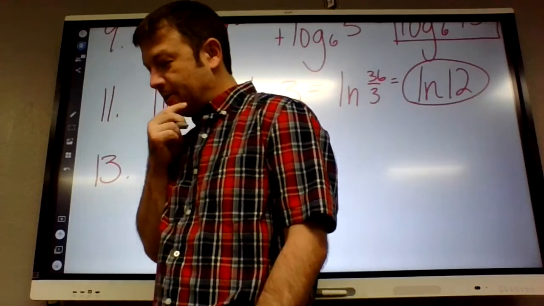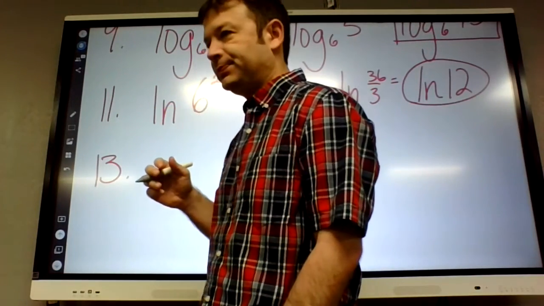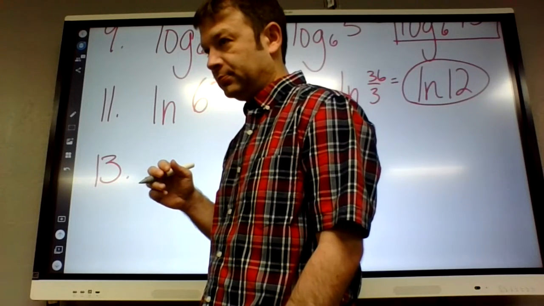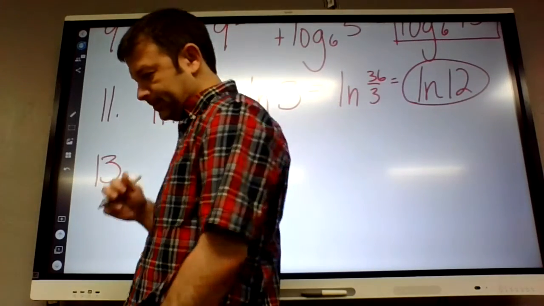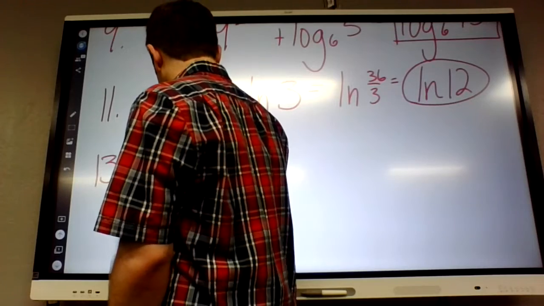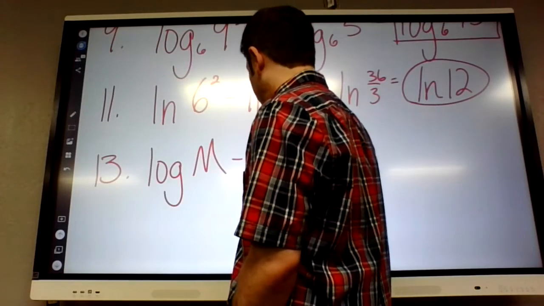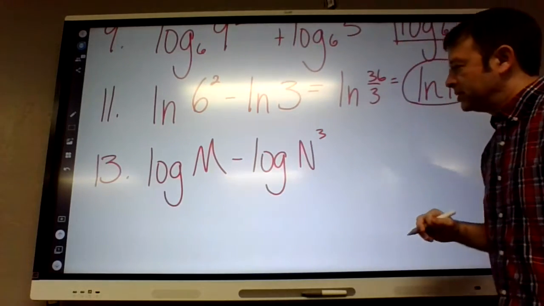On 13, Elena, what should we do first? Are we trying to like push them together? Mm-hmm. So you can put the 3 on the end. Okay, put the 3 up as an exponent of n. Then what?